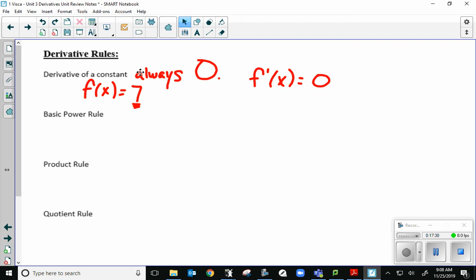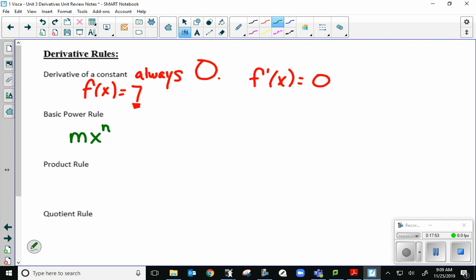All right, let's take a look at the basic power rule. This one is money. I love it. Let's say I have some number m, times x raised to some n value. M and n are numbers.